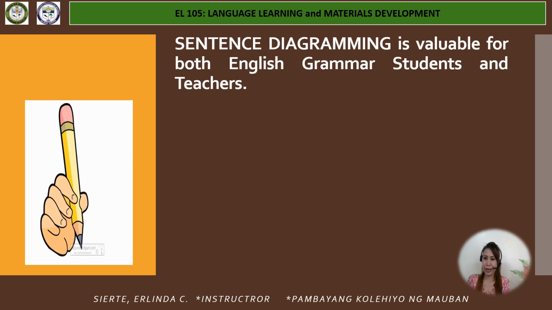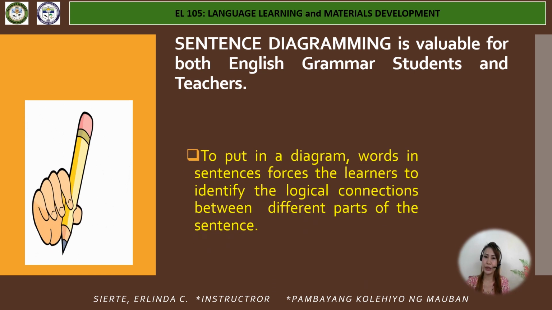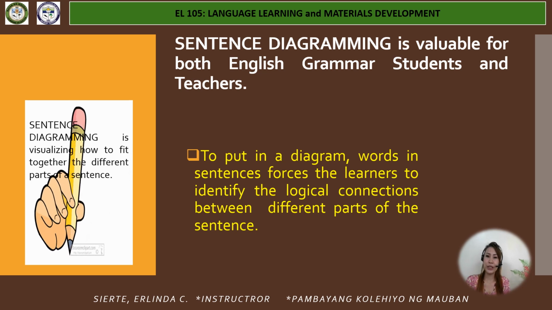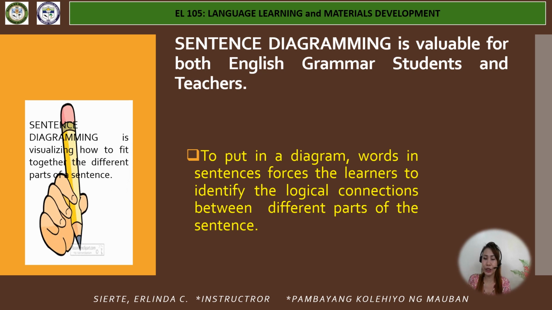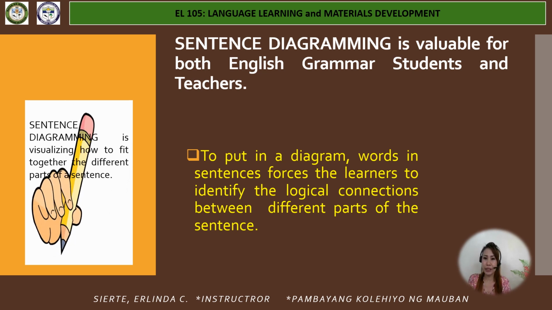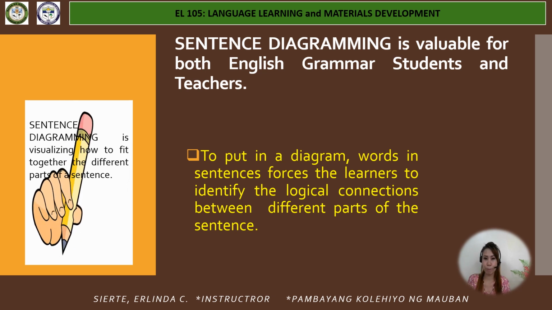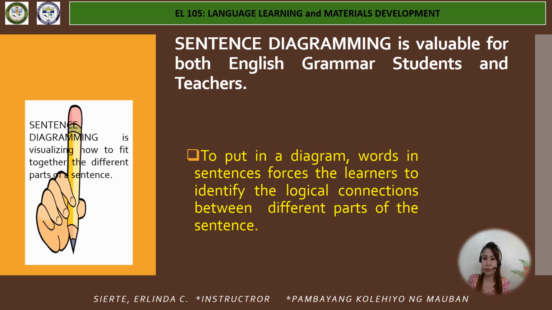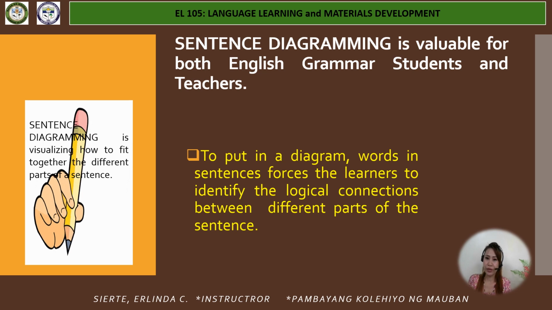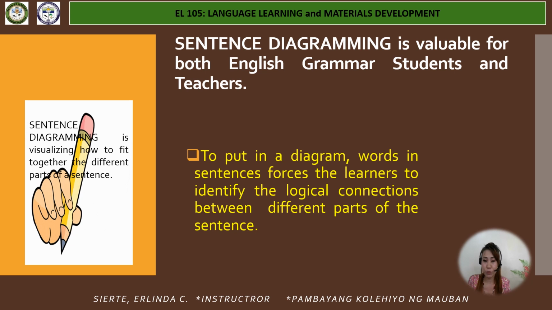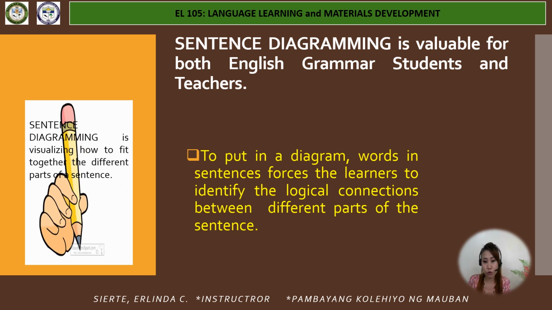Sentence diagramming is valuable for both English grammar students and teachers. To put words in sentences into a diagram forces the learners to identify the logical connections between different parts of the sentence. It is a form of sentence analysis, a technique requiring one to take the sentence apart and show the relationship of each word to the rest of the sentence.